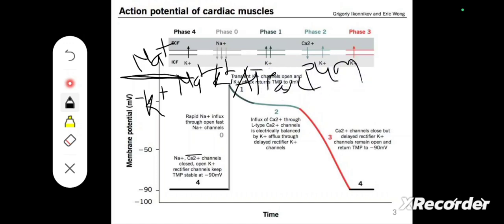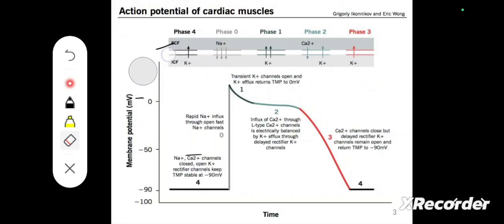These play an important role in maintaining the different concentration gradients. So what happens when the impulse is generated in the SA node? We can say the SA node is also known as the pacemaker.